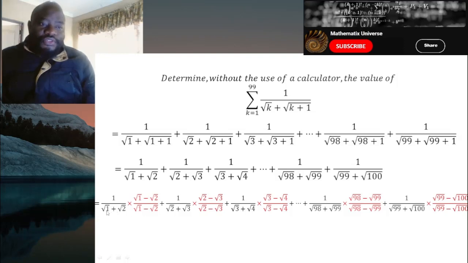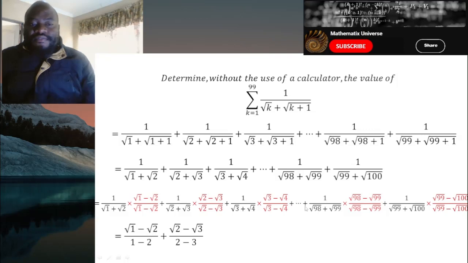So we're simply going to end up with this term squared minus this one squared, which means we're going to end up with 1 minus 2. Here we'll end up with 2 minus 3. Here we'll end up with 3 minus 4. And so on up until here when we're ending up with 99 minus 100. So notice that all of those things are going to give us a negative 1.